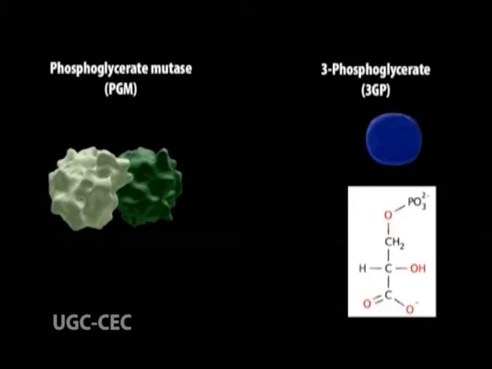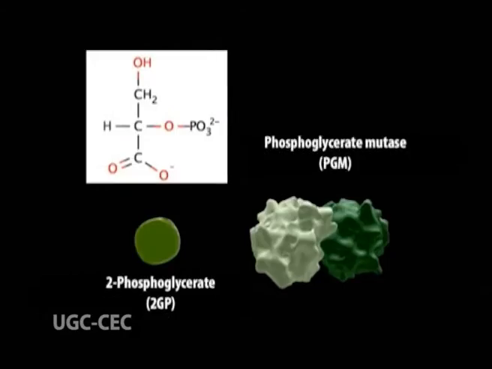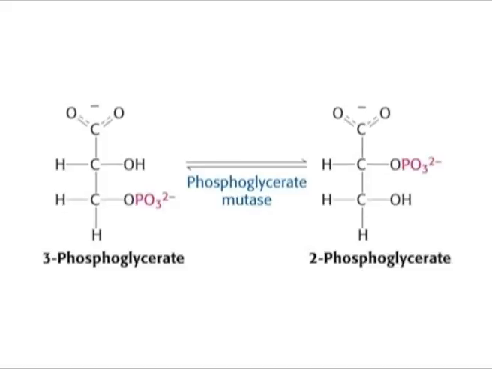This step involves a simple rearrangement of the position of the phosphate group on the 3-phosphoglycerate molecule, making it 2-phosphoglycerate using phosphoglycerate mutase, PGM. The reaction mechanism proceeds by first adding an additional phosphate group to the 2' position of the 3-phosphoglycerate.